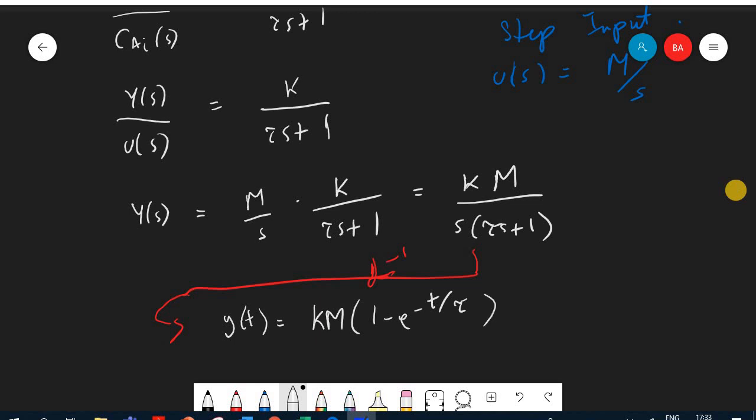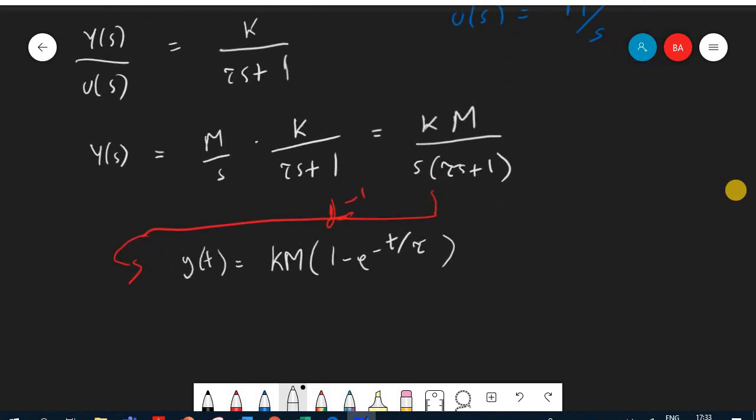You can do it, just go to the Laplace tables, you're going to find that.